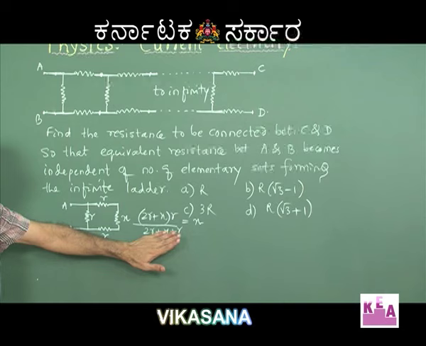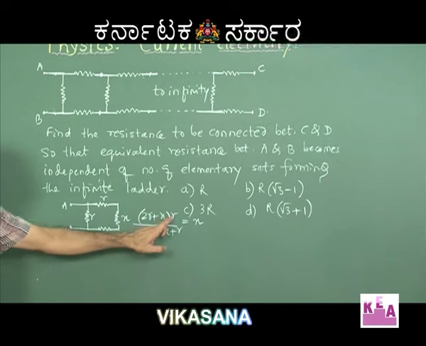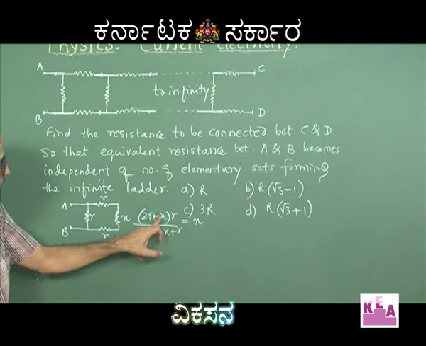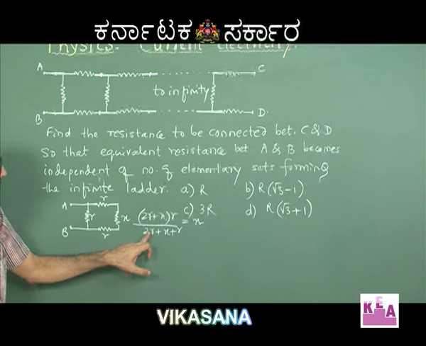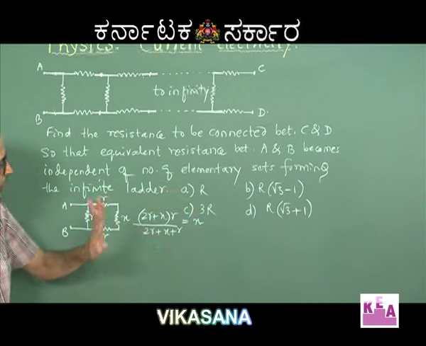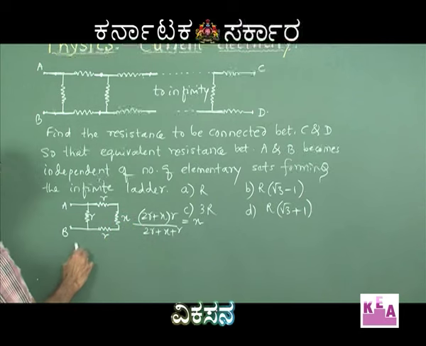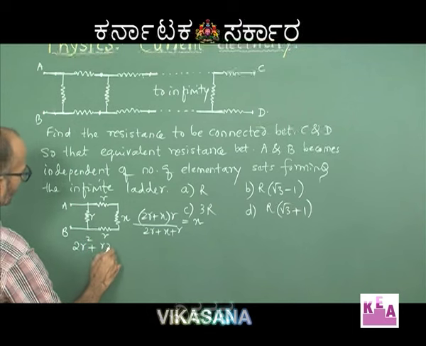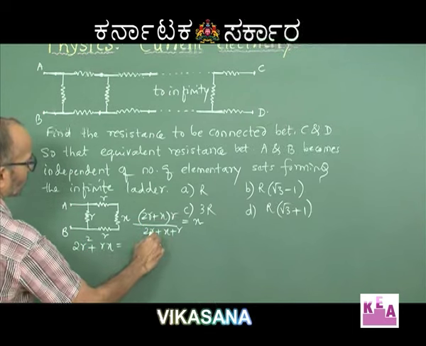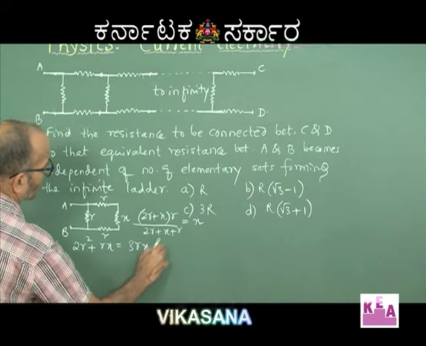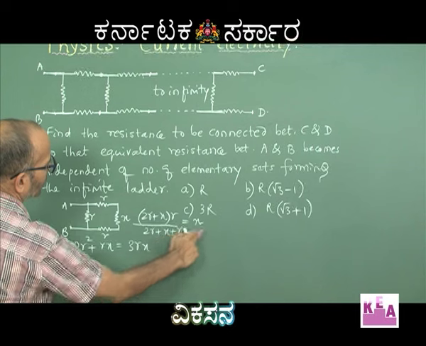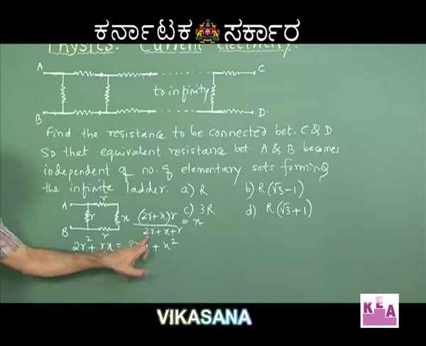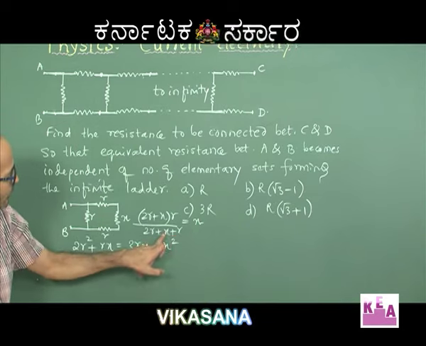Now, if you solve this equation, (2R plus X) into R divided by (3R plus X) equal to X, I am just going to cross multiply. So, then you get a simple quadratic equation like, see, 2R into R is 2R square plus Rx equal to 3R into X plus X square.